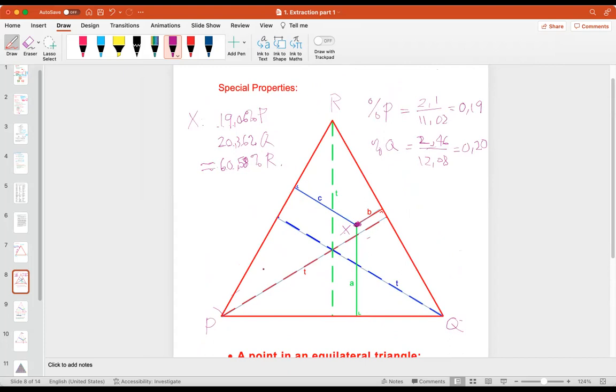For example 19%, 20%, and then the other you just subtract from 100. Any question up to here?